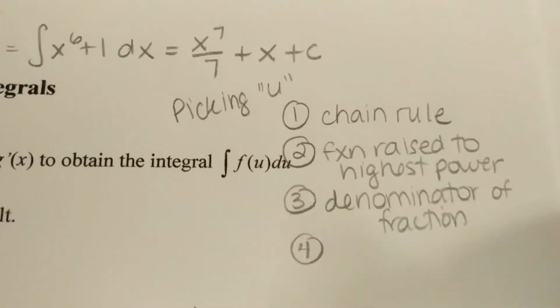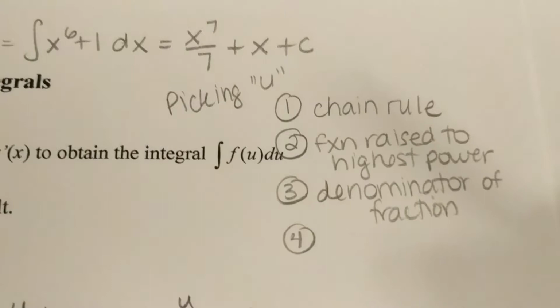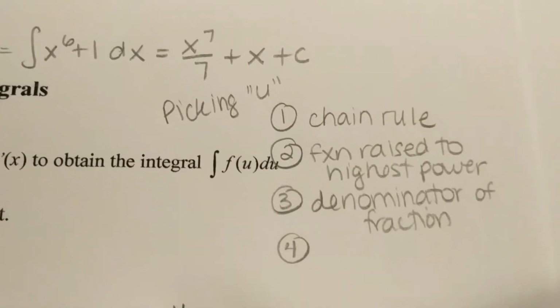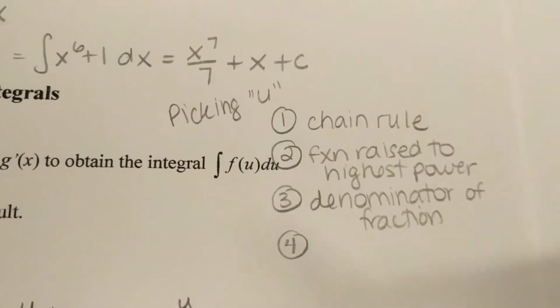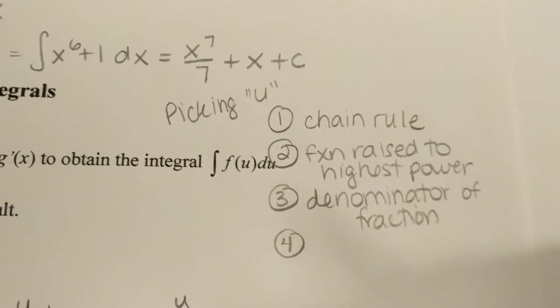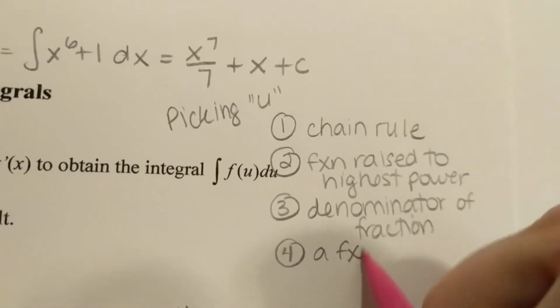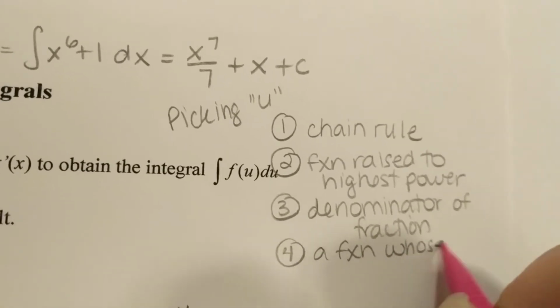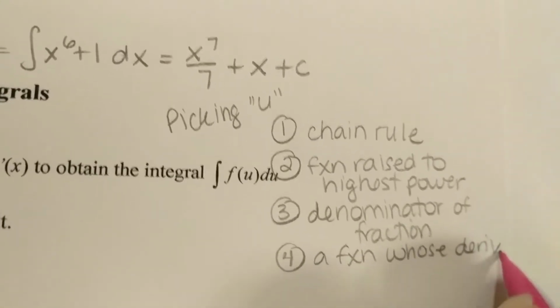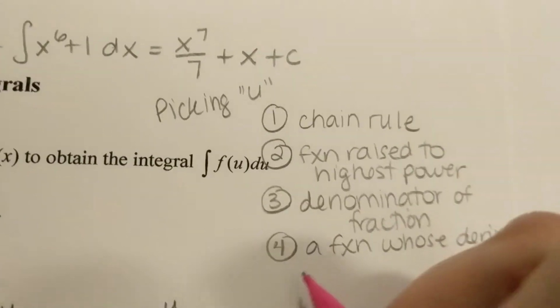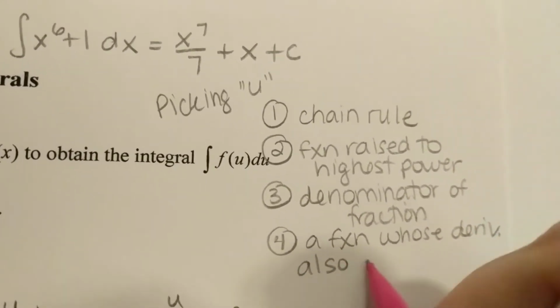Or just plain and simple, if you're looking at a function, you would look for the one whose function has its own derivative in the integrand. So a function whose derivative also appears in the integrand.